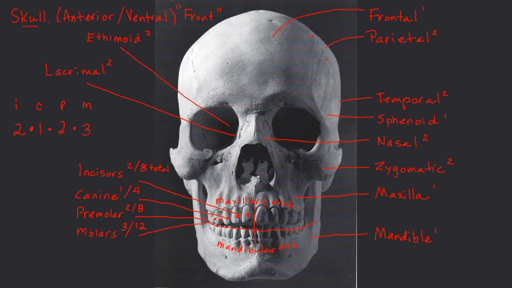We find the same dental formula among chimpanzees or any other hominoid species that's related to us. Some individuals, for example, me, my dental formula is a little bit different from the average. It's 2, 1, 2, 2. I have a congenitally absent molar. So the wisdom tooth, they're not there.